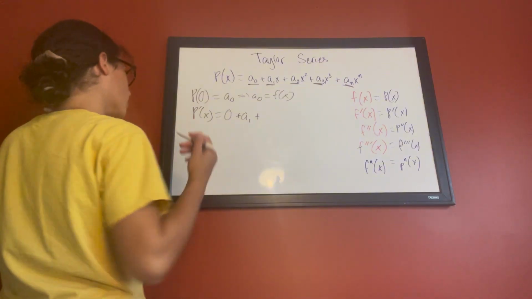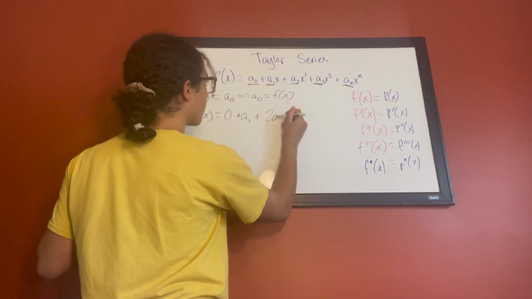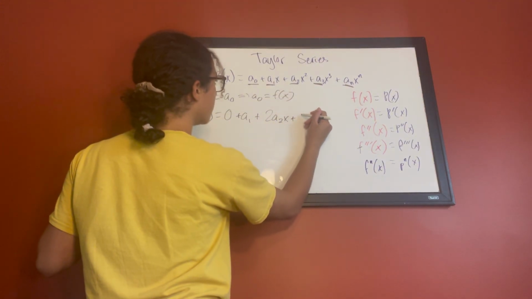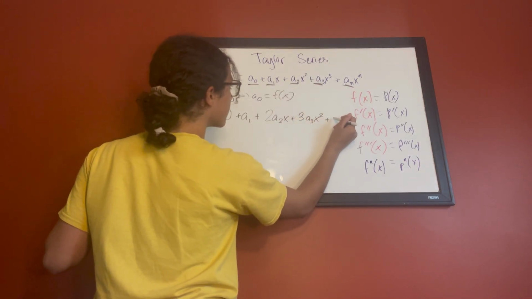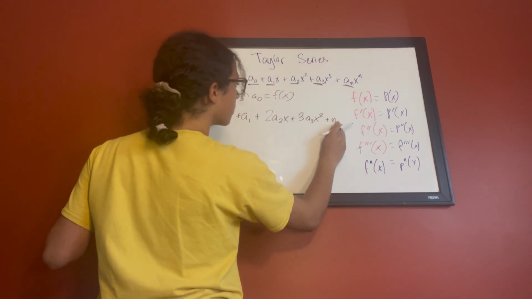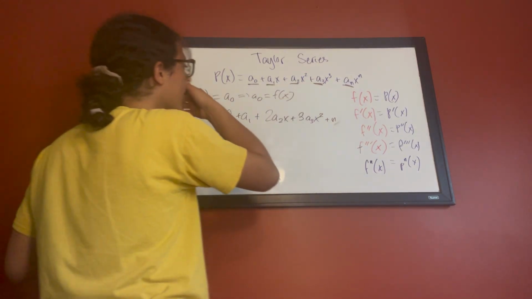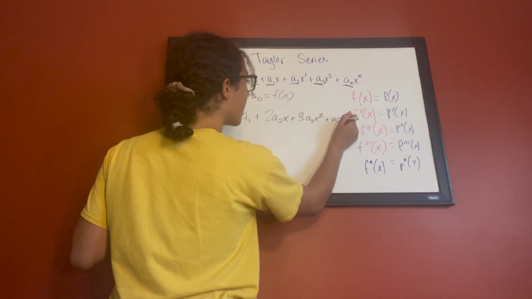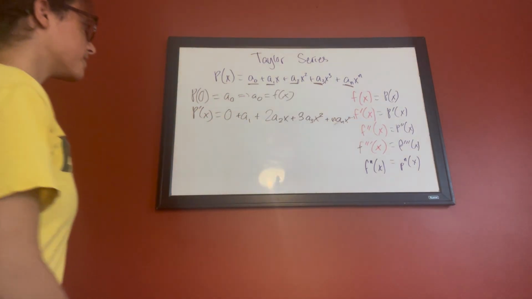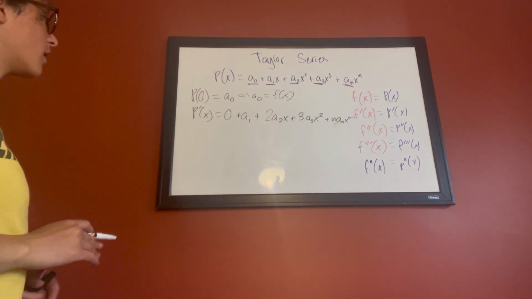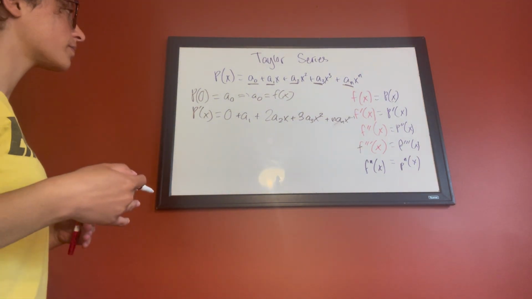I'm just going to assume you guys know the power rule, so we'll get on with it a bit more smoothly, right? Plus 3a3x squared, plus n a n x to the n minus 1, right? This is just us using the power rule.